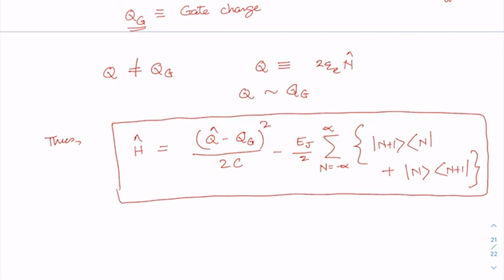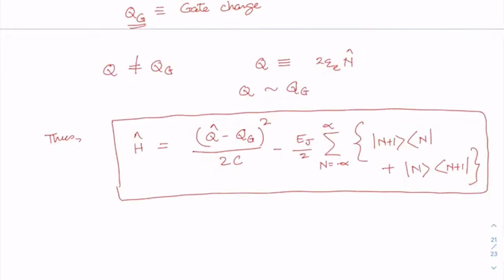Now our next job is to find a way to solve it, and not only that, to convert this whole thing into a two-level system. So let us do that. To solve the Hamiltonian, as a first step, let us neglect the second term, which refers to the tunneling part, and consider it as a very small perturbation.